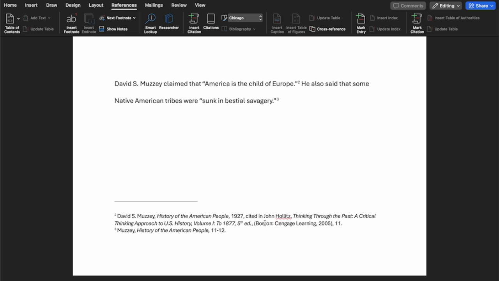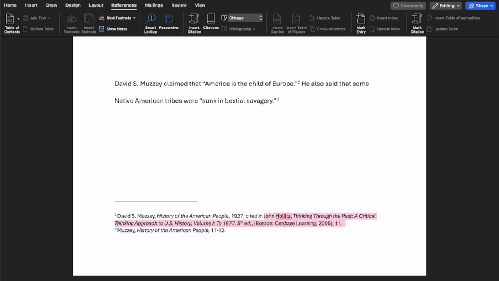Honestly, when I did my research paper in the past, I believe I just said in. I don't think I said cited in or quoted in, but that'll help you make it more clear, and there's no one strict way to do it as long as you're showing that it is in this. So you could say cited in, quoted in, and then the rest is the citation for Thinking Through the Past.